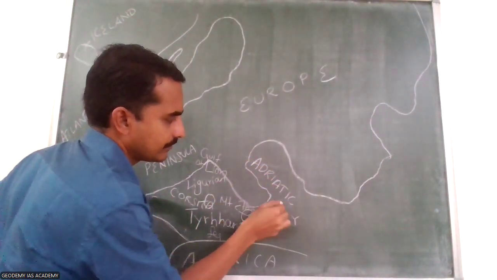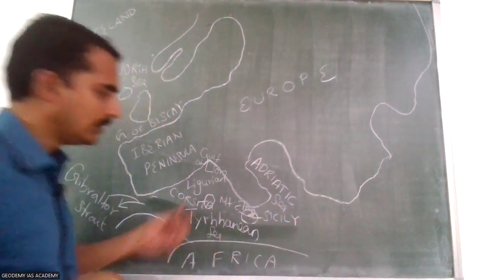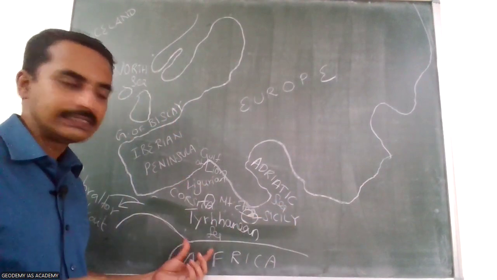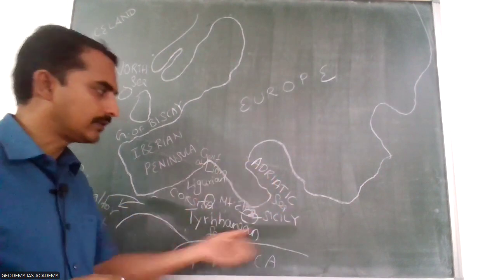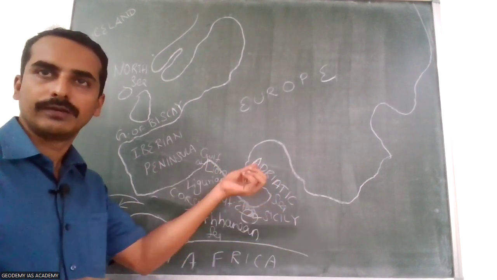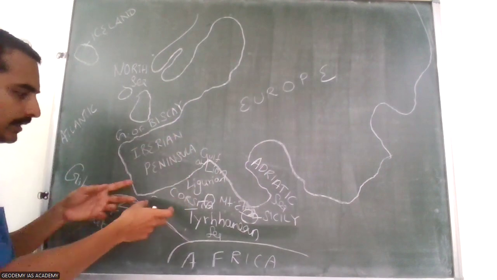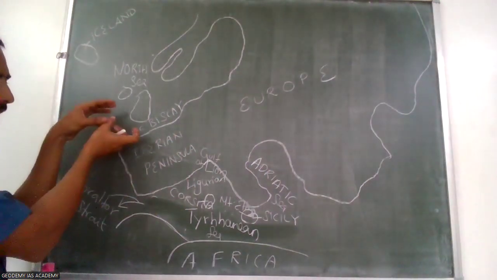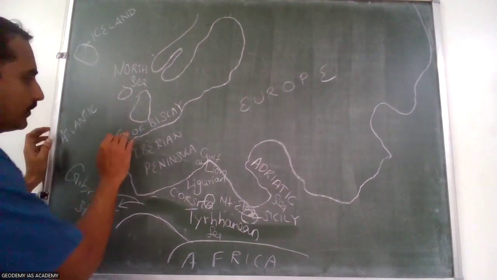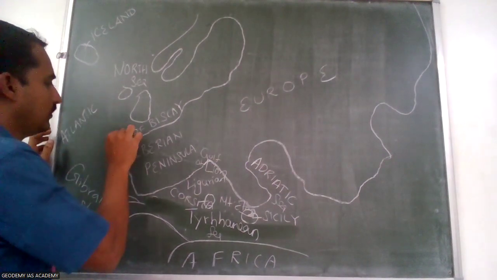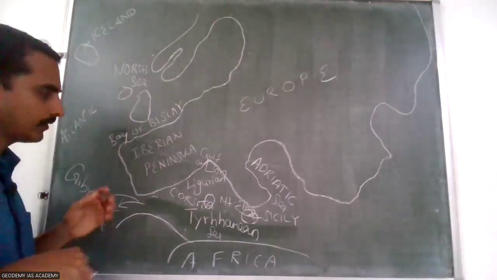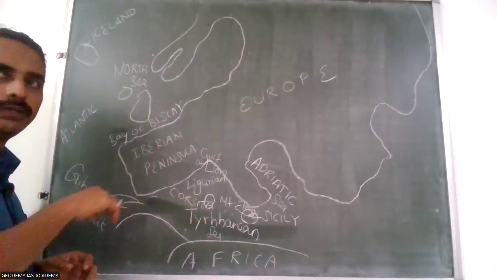So the Ligurian Sea, Tyrrhenian Sea, and Adriatic Sea are in the surrounding regions of the Italian Peninsula. And around the Iberian Peninsula are the Atlantic Ocean and the Bay of Biscay. Here, Bay, not Gulf, Bay of Biscay.